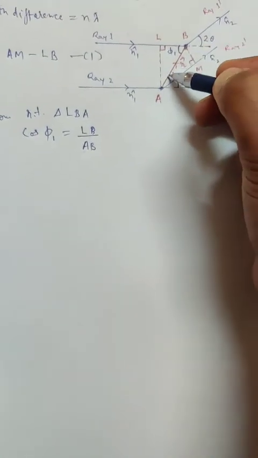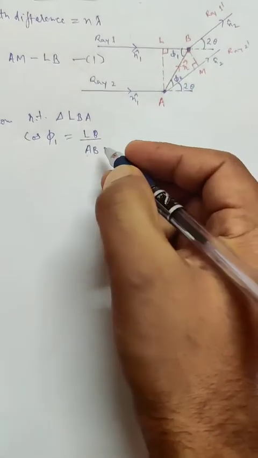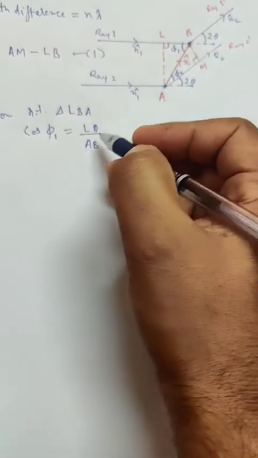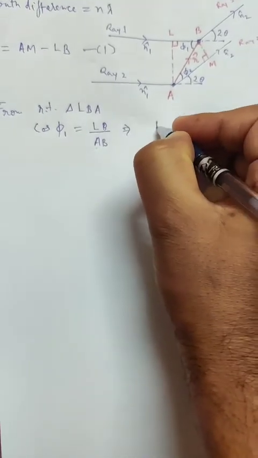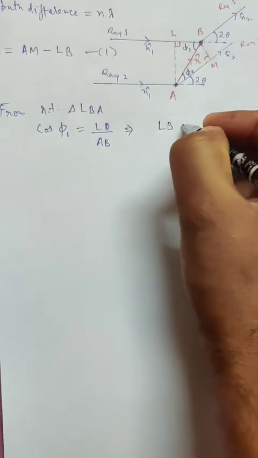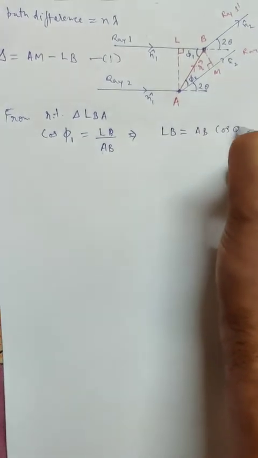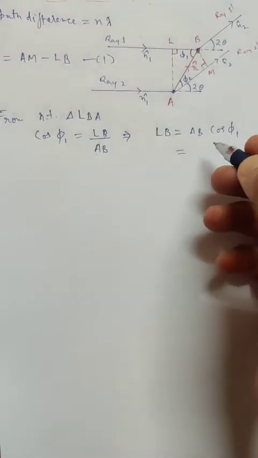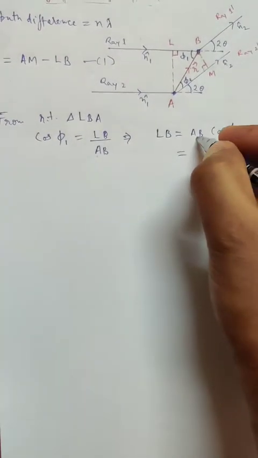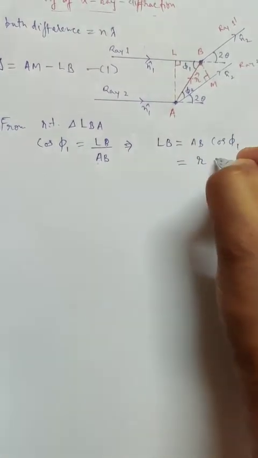AB is the distance from atom A to atom B. So LB will be AB cos phi 1.